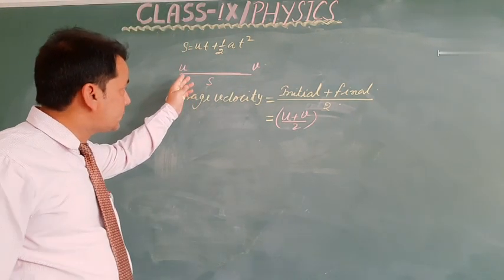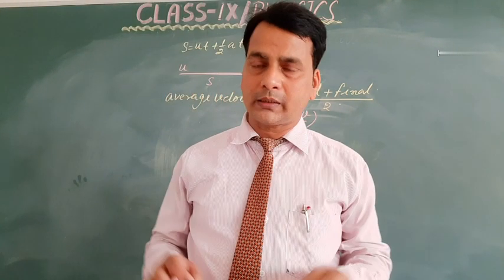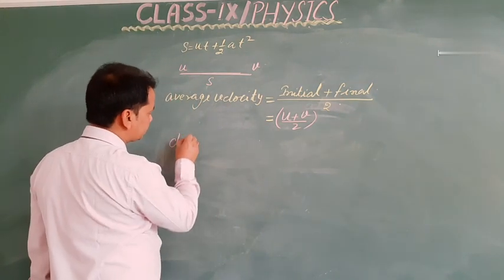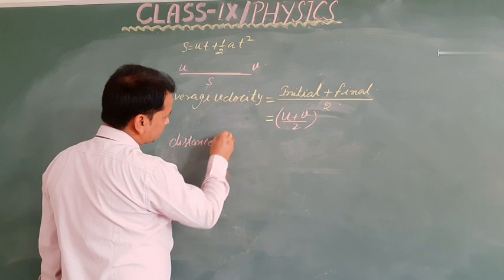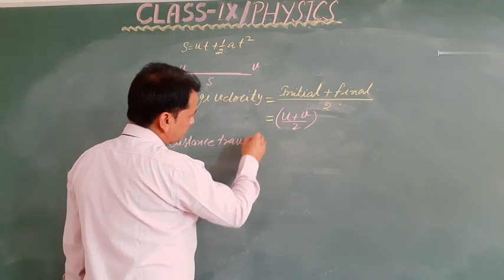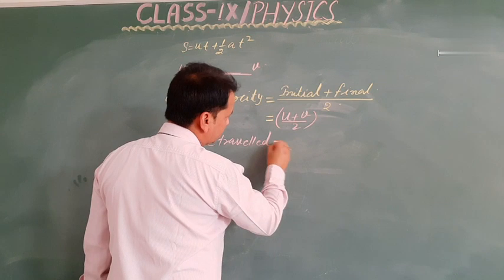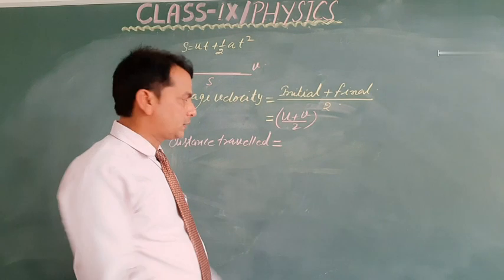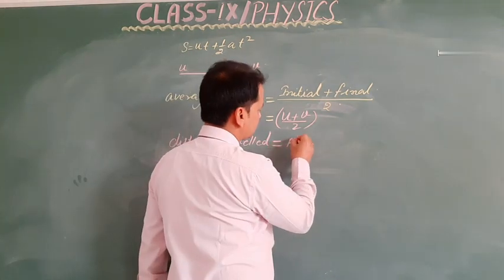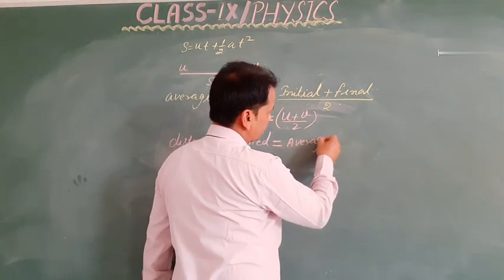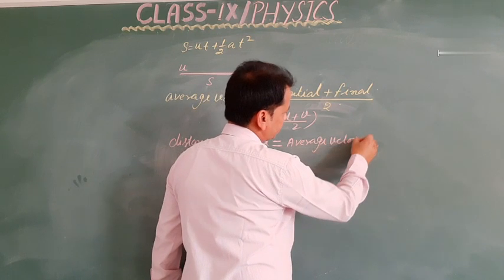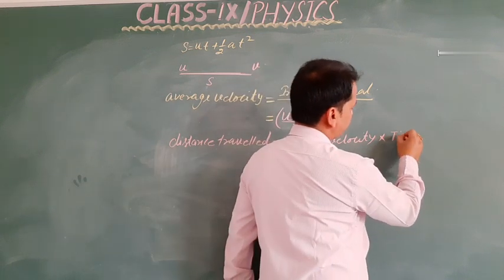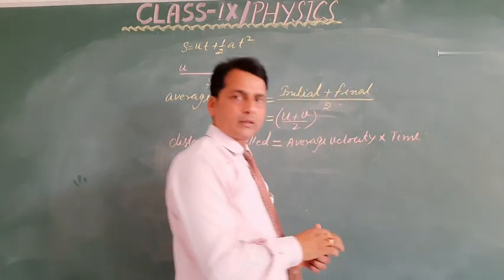The distance traveled by the moving object, s, is equal to average velocity into time. It is clear?